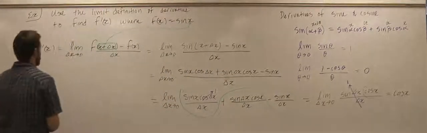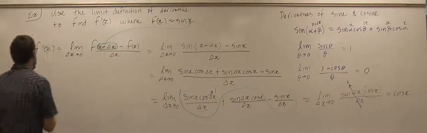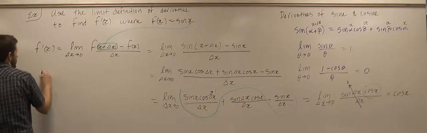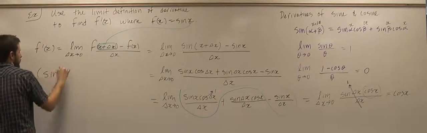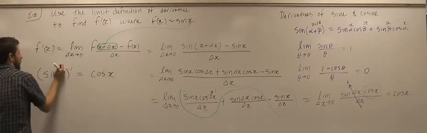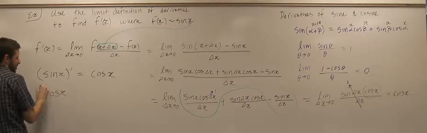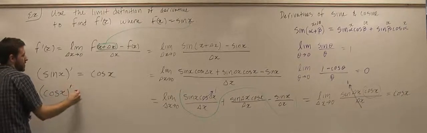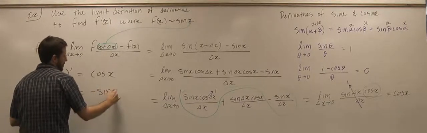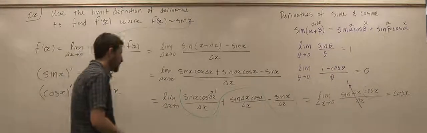So kind of the bottom line here is you take sine and you do the derivative, it's equal to cosine. What do you think the derivative of cosine is? Negative sine. Why do you say that? Because the minus would be out there.